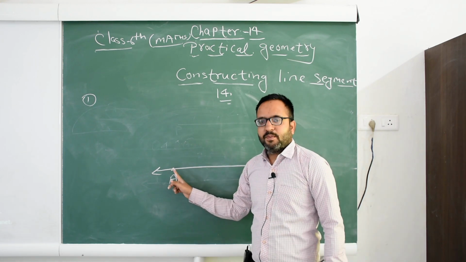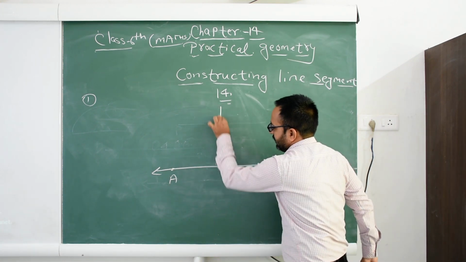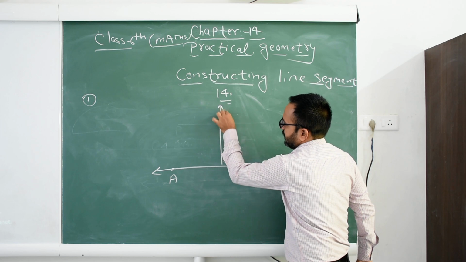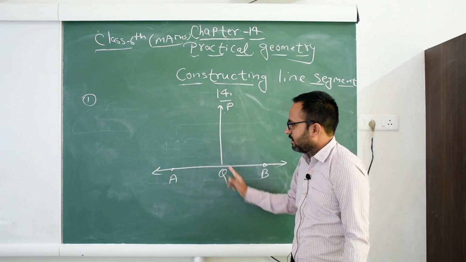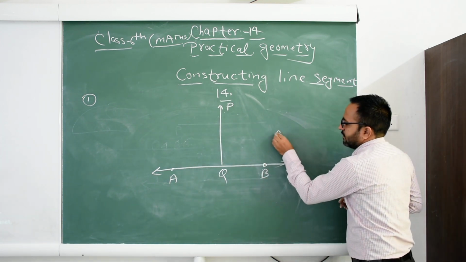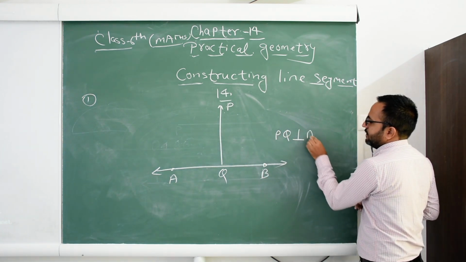Now if we draw a perpendicular, this is called PQ. So PQ is perpendicular to AB.